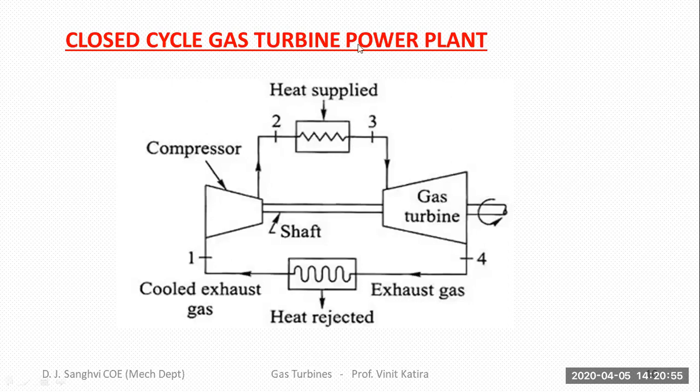There is an external pressurized air circuit which starts the compressor and turbine blades, and then it is started. Same thing applies over here as well. In a gas turbine power plant, it is essential to have an external starting mechanism to start this gas turbine power plant.